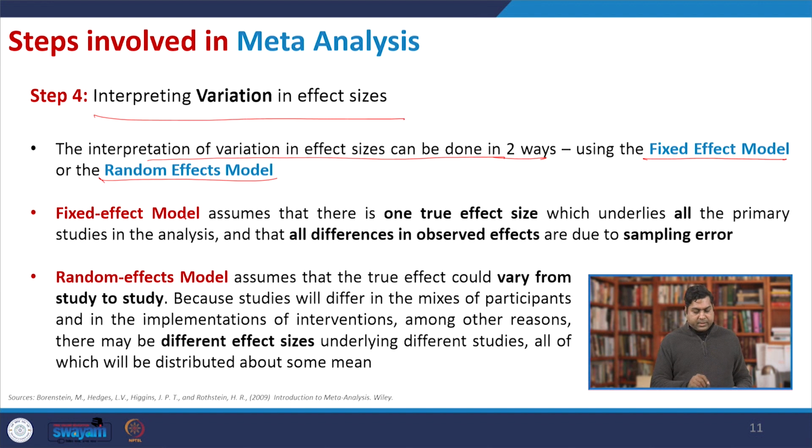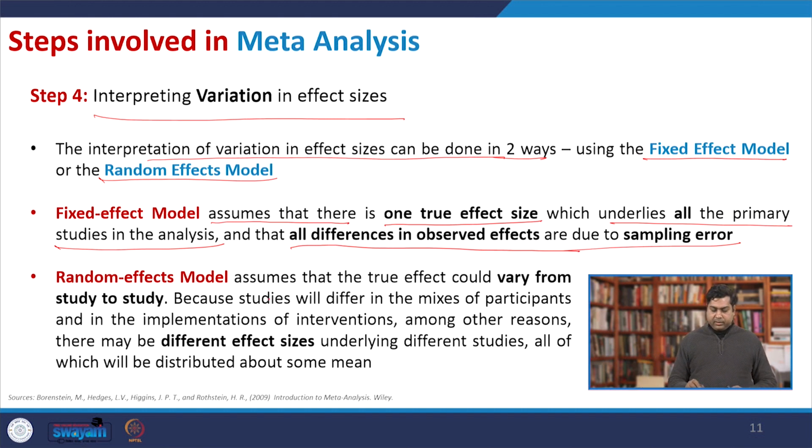The fixed effects model assumes that there is one true effect size which underlies all the primary studies in the analysis, and that all differences in observed effects are due to sampling error. Random effects models, in contrast, assume that the true effect could vary from study to study.